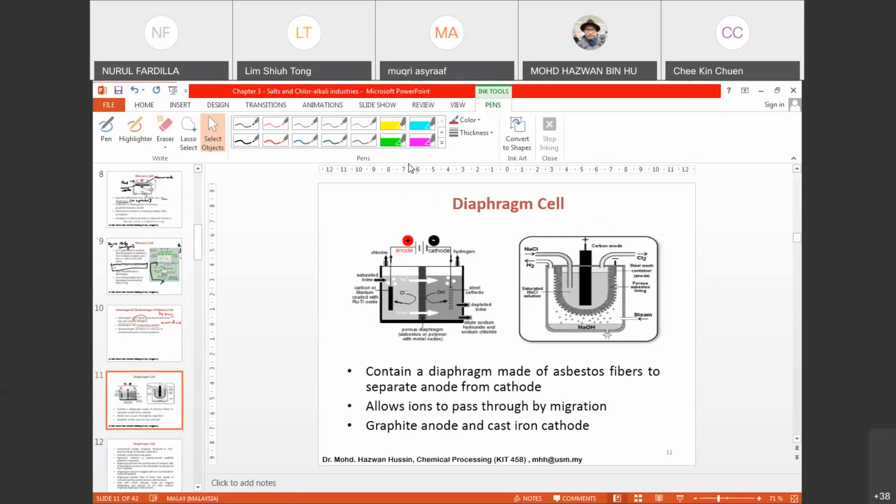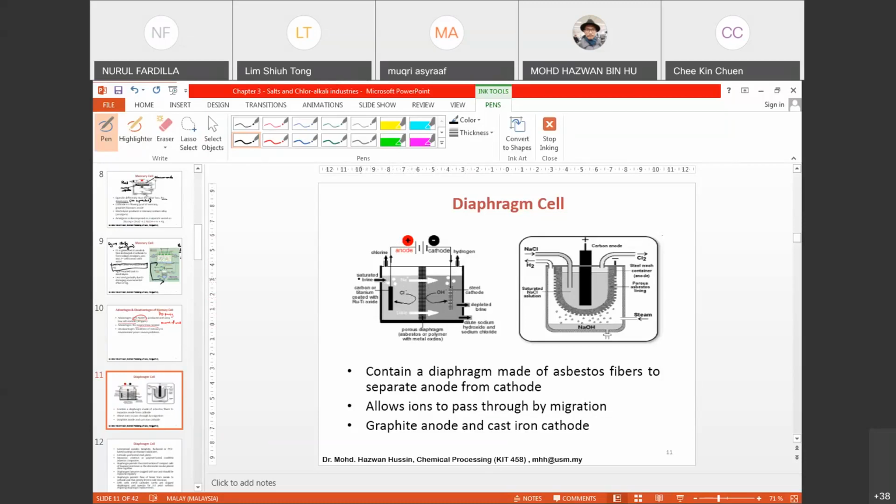One of the reasons is because if you look at the cell design, this clearly tells you that you have one solution in one compartment and another solution in another compartment, which you don't actually mix, right? So what will be the principle?